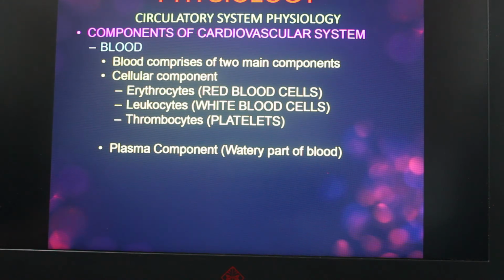The cellular component contains the erythrocytes or red blood cells, leukocytes or white blood cells, and thrombocytes, also called platelets. The plasma component is the watery part of the blood.